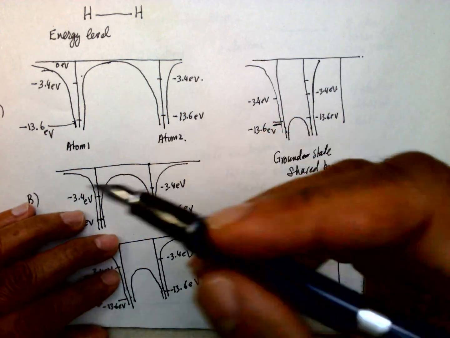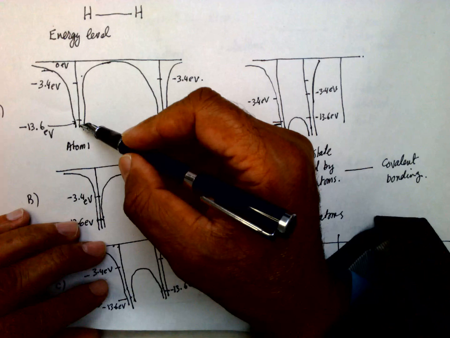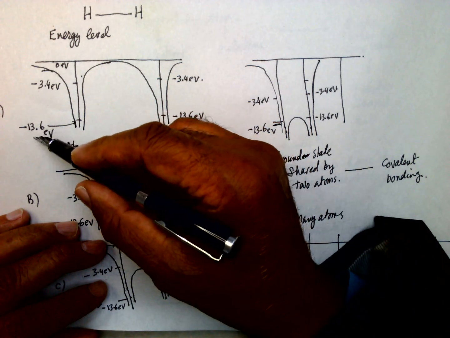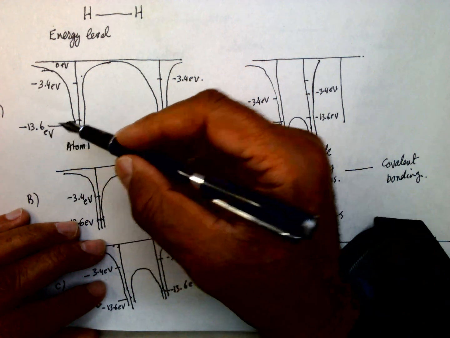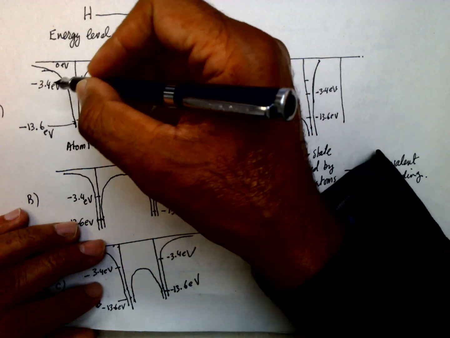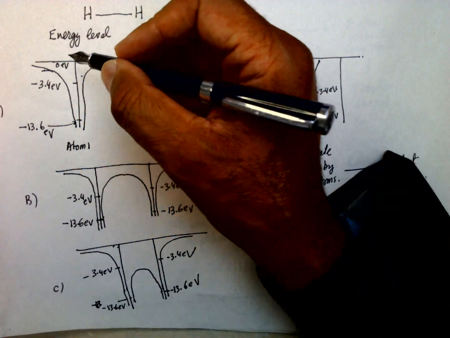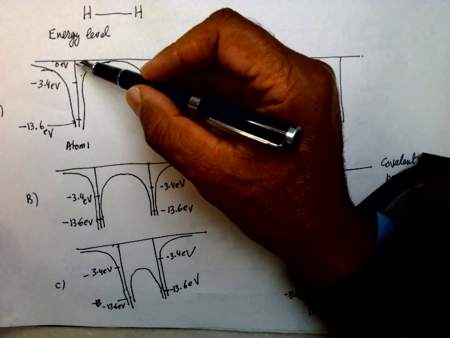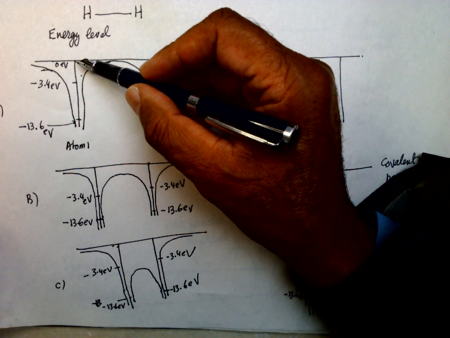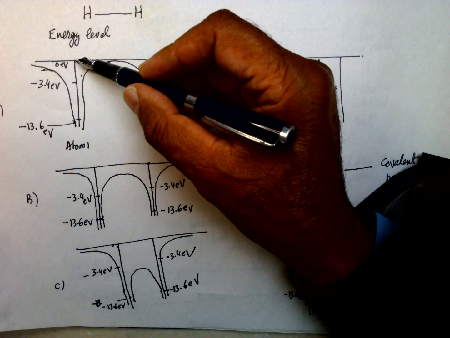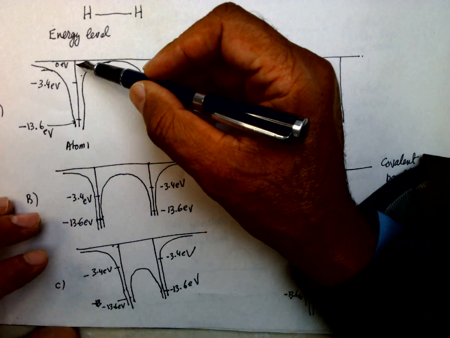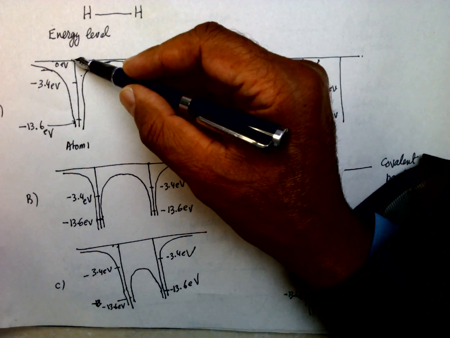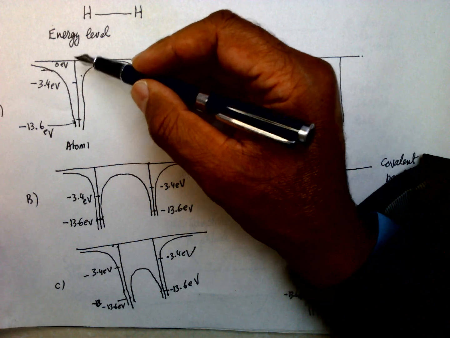If you want to excite or ionize the first atom, you have to supply 13.6 electron volts of energy, so that the electron will be outside the influence of the Coulomb force of the atom, on the periphery of the atomic radius, at zero energy. So it will be ionized.